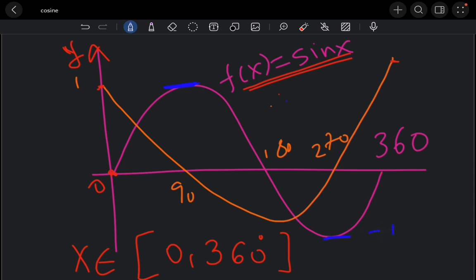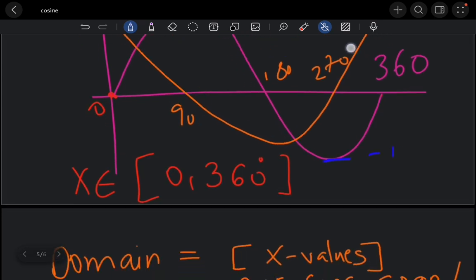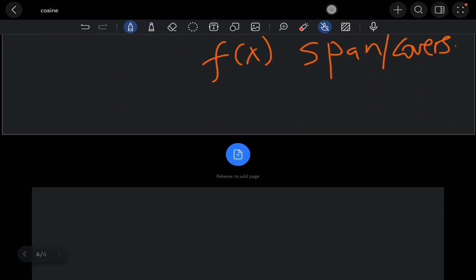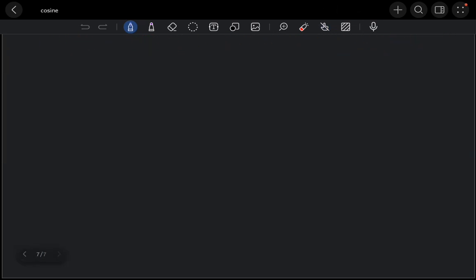Okay, so if we're interested in finding its range, we'll say -1 to 1.